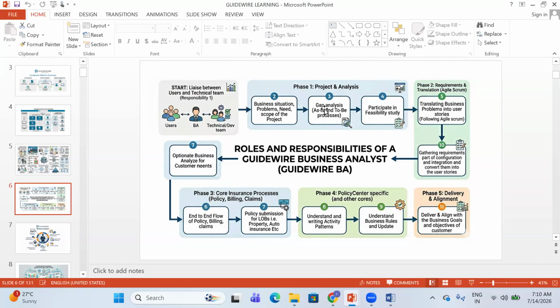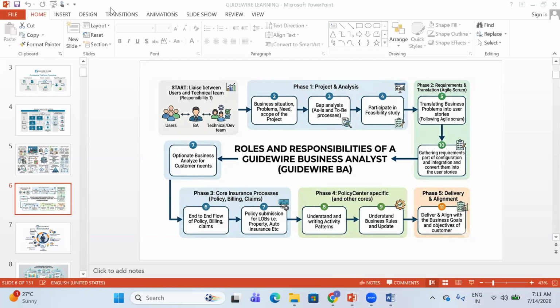We have to make sure whatever requirements we understood are given to the development team, so that they write the code, integrations, and configurations. To communicate with them, a medium has to be followed. Earlier we used to write documents like BRDs, and now we write user stories. There can be many others, but we'll take some examples in one area. If you are learning, this is what you have to perform as a guide.